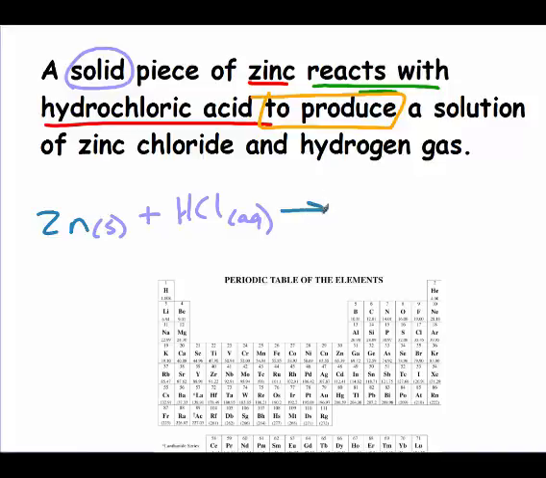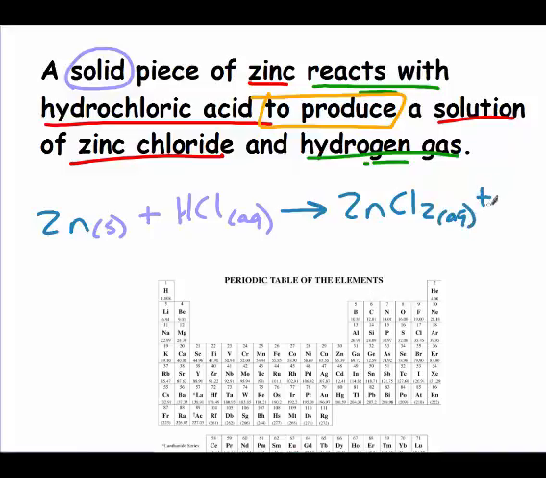To produce is our arrow, as we're producing a solution of zinc chloride and hydrogen gas. So zinc chloride, zinc's a +2, chlorine's a -1. So those go together like so. And it says a solution is AQ plus hydrogen gas.